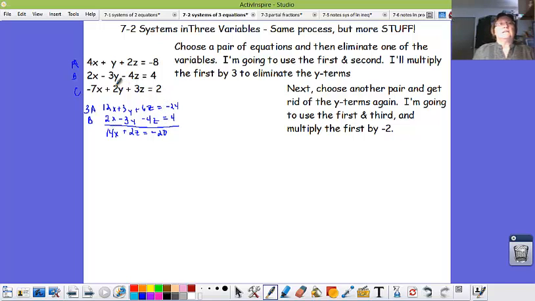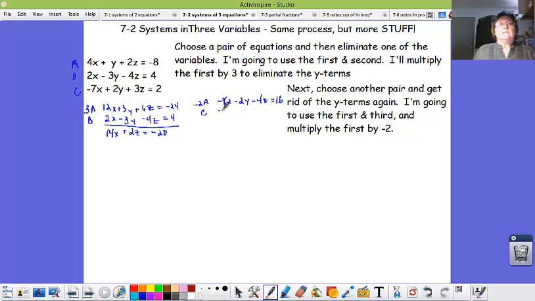Next, I need to get this equation involved somehow, and I have to eliminate y. So I'm going to choose to do negative 2 times the top equation. So this time I'm doing negative 2A, and I'm going to add that to C. Negative 2A is negative 8x minus 2y minus 4z equals 16.